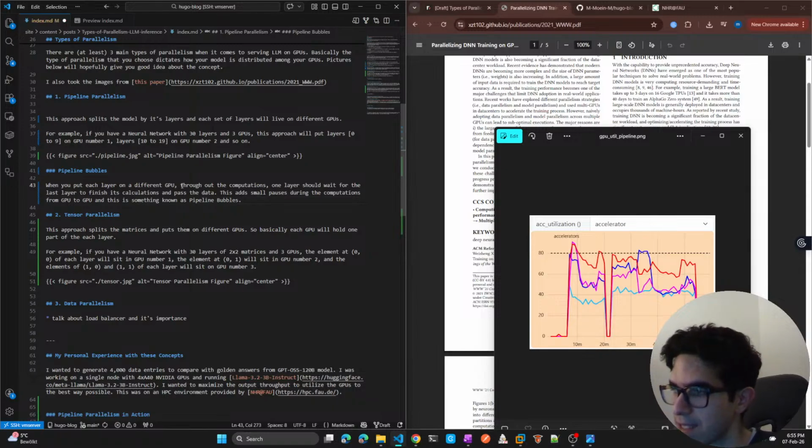This small pause will increase a little, and this is like a bubble. Basically your pipeline is not fully utilized. You have these gaps in your GPU, which go to waste, and your GPU would not be fully utilized. So that's the idea.